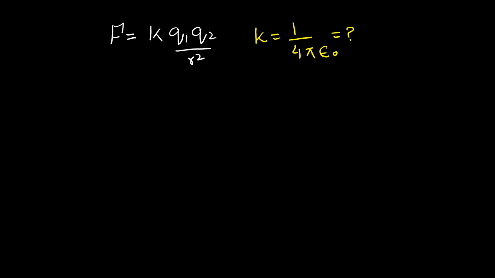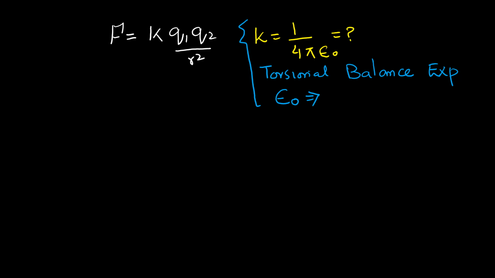Basically, dear student, Coulomb performed a torsional balance experiment, and on the basis of that experiment, Coulomb concluded the formula for the Coulomb constant, which is 1 over 4 pi epsilon naught. Please keep in mind that the symbol epsilon naught is known as the permittivity of free space.